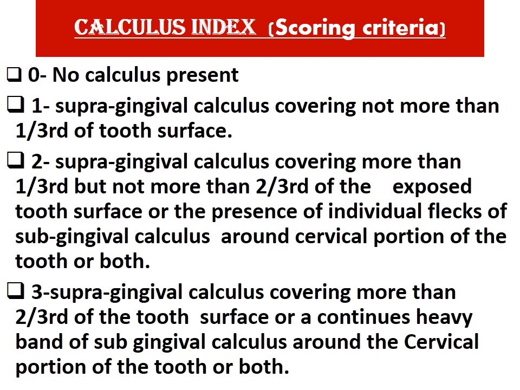Score 2, supragingival calculus covering more than 1/3 but not more than 2/3 of the exposed surface, or the presence of individual flecks of subgingival calculus around the cervical portion of the tooth, or both. Score 3, supragingival calculus covering more than 2/3 of the tooth surface or a continuous heavy band of subgingival calculus around the cervical portion of the tooth, or both.